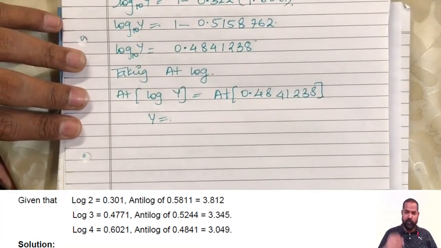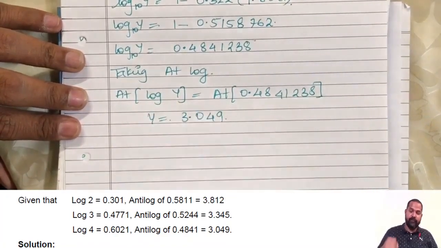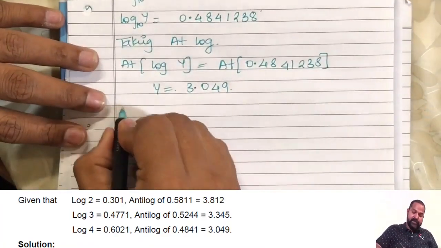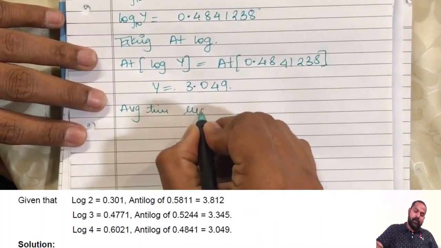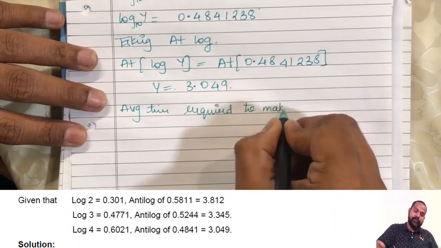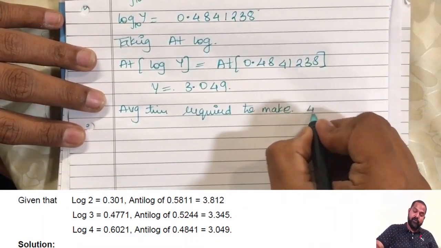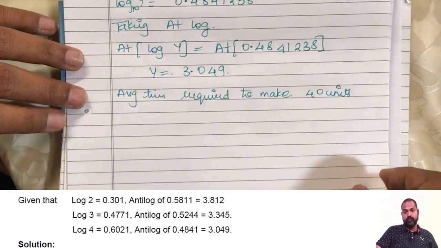They've stopped at 4841. That's okay. It is 3.049. And this is average time required to make how many units? 40 units.